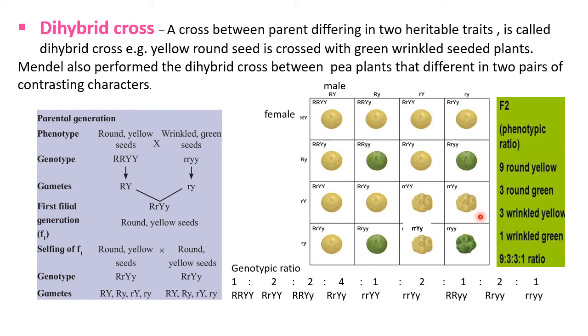Then 3 round green seeds are produced. The round green seeds are in the ratio of 3.